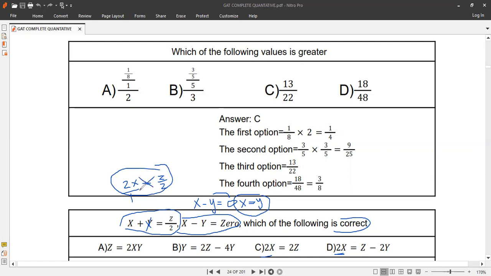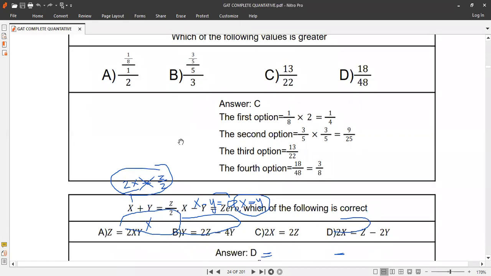Z equals 4x. 2x equal to z? No. They work on it in a different way, but I'm looking for one of these formulas. So no need to replace x. I think there is a mistake in this question.